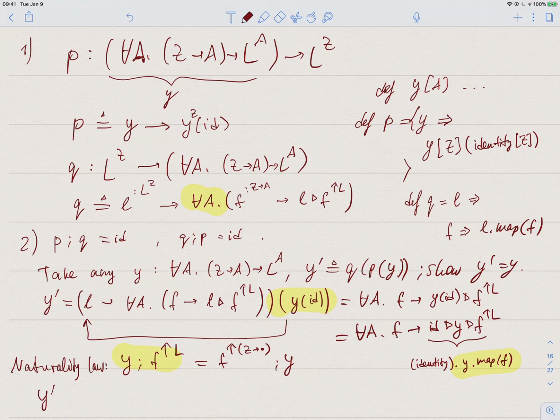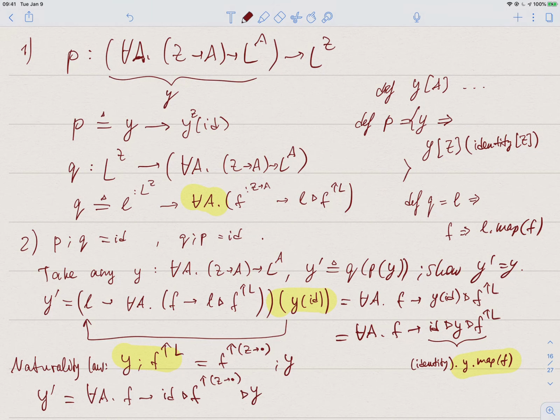So Y prime equals, for all A, F going to identity substituted into F of this strange thing, and then Y. Now this is the same as substituting directly into Y.